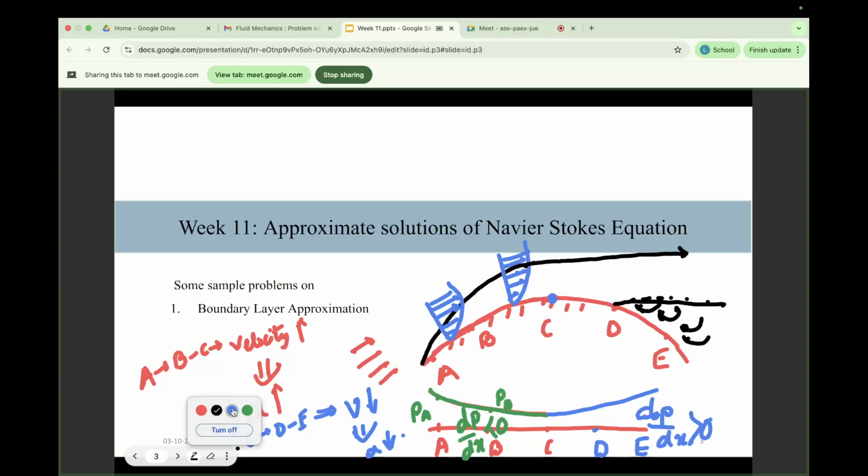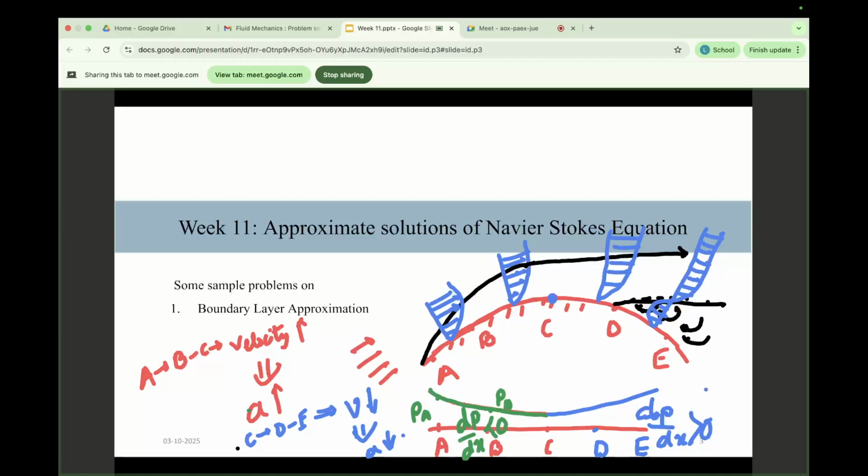If I draw the velocity profile up to this point, it will look like the previous one, but in these cases what will happen? It is somehow like this. That means here the flow is in the opposite direction, and in the boundary layer the flow is like the previous one. So that is basically the difference.